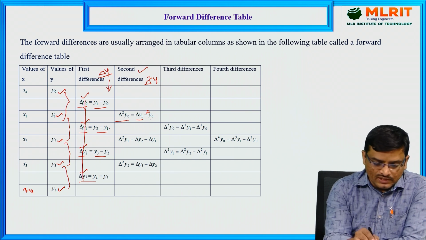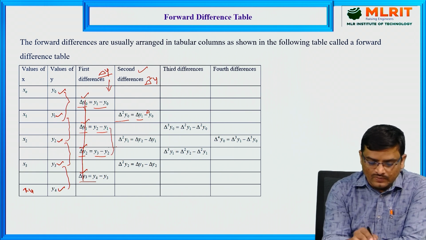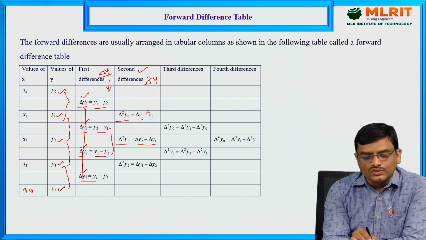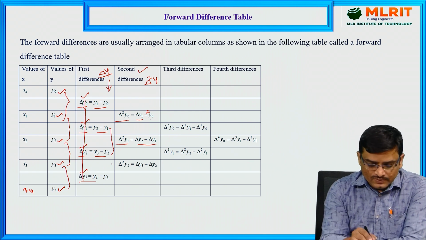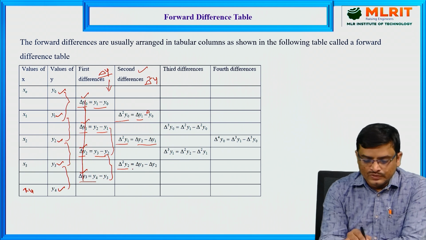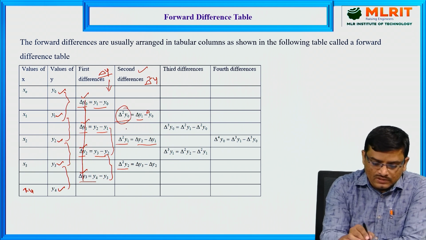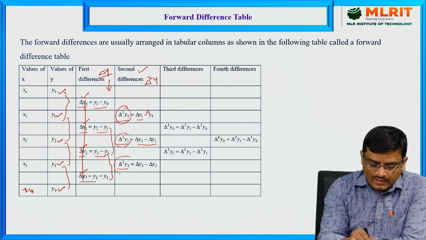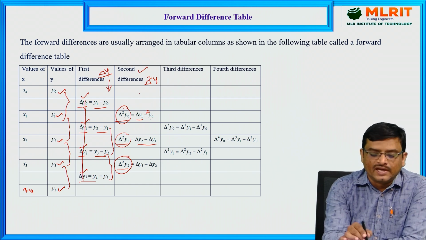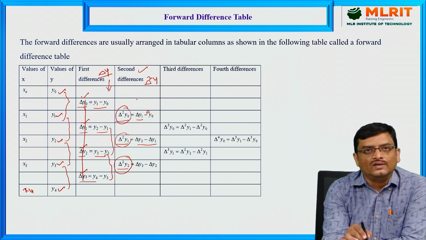Next you take these two values here, delta y2 minus delta y1. This difference is represented with delta square y1. And similarly you take the next two values here, delta y3 minus delta y2 is equal to delta square y2. So this delta square y0, delta square y1 and delta square y2, these are the resultant values in this second forward differences of y values.